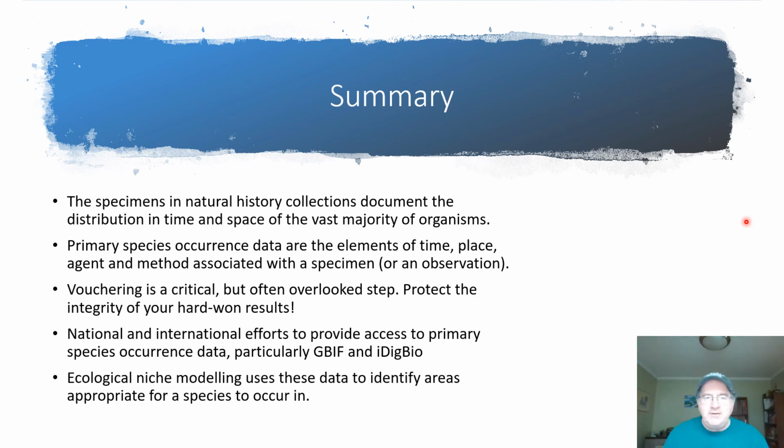There are national and international efforts to amalgamate and provide access to this massive, exponentially growing data that we have on primary species occurrences. And the big players here are GBIF globally and, in the United States, iDigBio. The Atlas of Living Australia is a big effort in Australia, and other countries and regions have efforts going on as well.